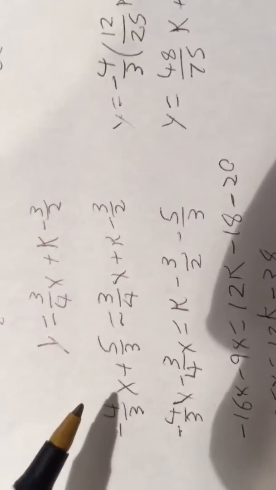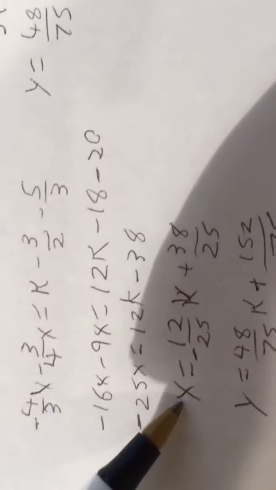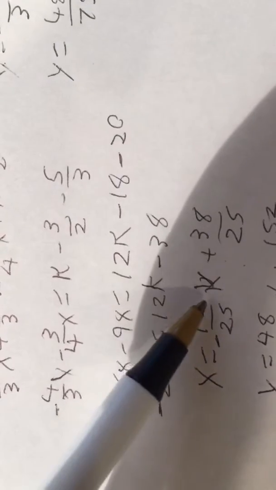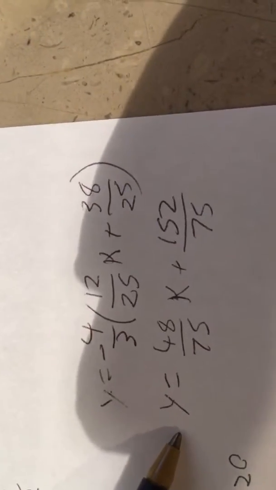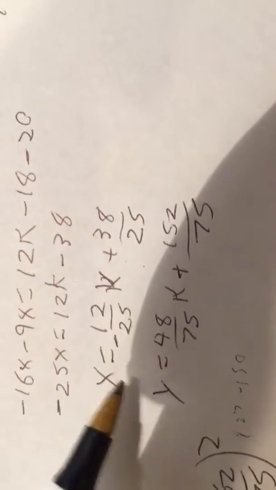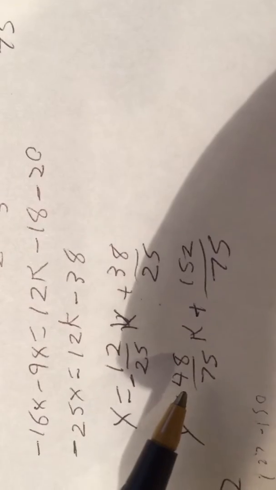When I do that and solve for x, I get x equals 12 minus 25k plus 38 over 25. Well, now I need to solve for y. So I plug this into another formula, and I get my answer for y. So now I have my x and my y values still in terms of k.